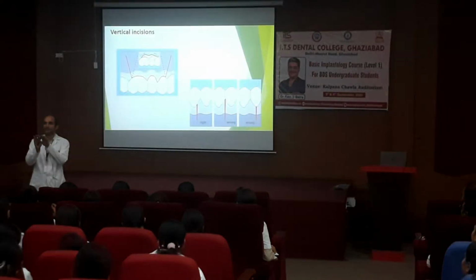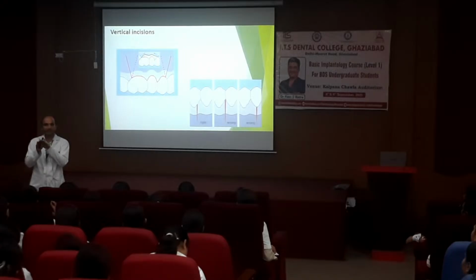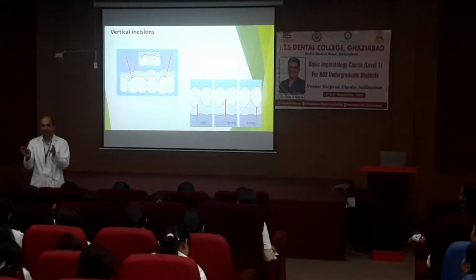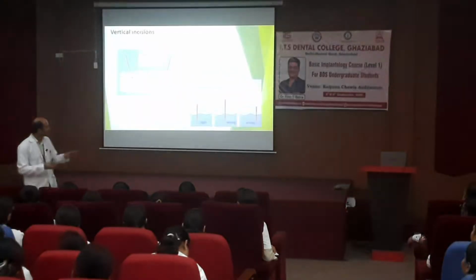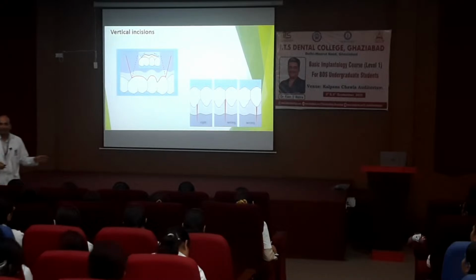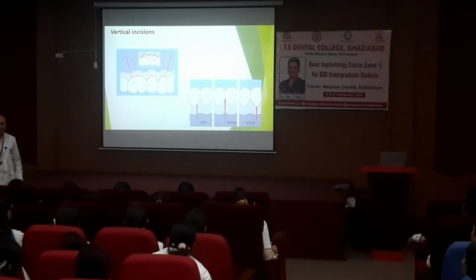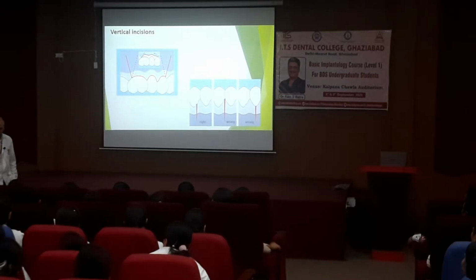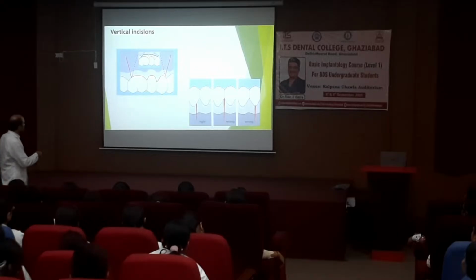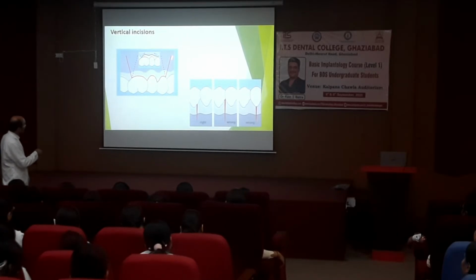Once you close that flap, healing will be delayed. So if you are giving it on the prominence, the blood supply won't reach that area, isn't it? Same way, if I split the papilla, it will cause that triangle, okay, resulting in an aesthetic problem with the papilla. So your incision should be on the line angle and divergent.